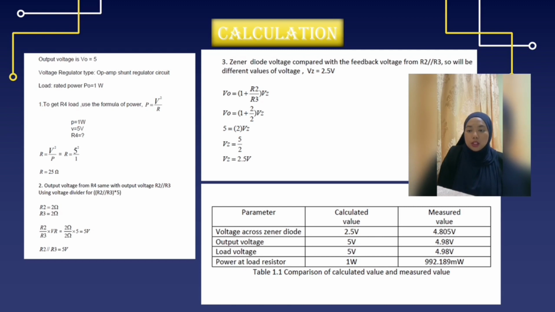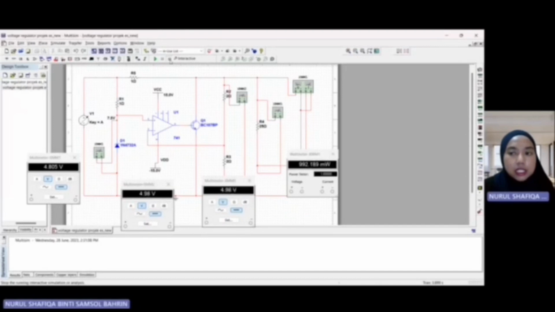The load voltage is 5 volt, and the measured value I get is 4.98 volt. Lastly, the power at the load resistor: the calculated value is 1 watt, and the measured value I get is 992.189 milliwatt.